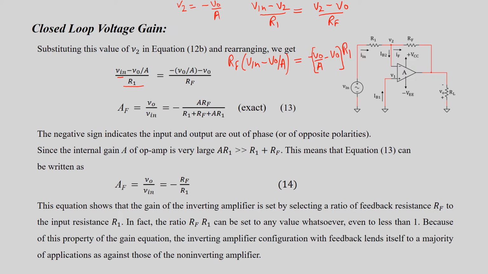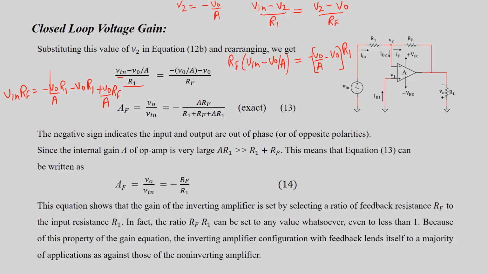So from here we get Vin RF equal to minus V0 by A into R1 minus V0 R1 plus V0 by A into RF.